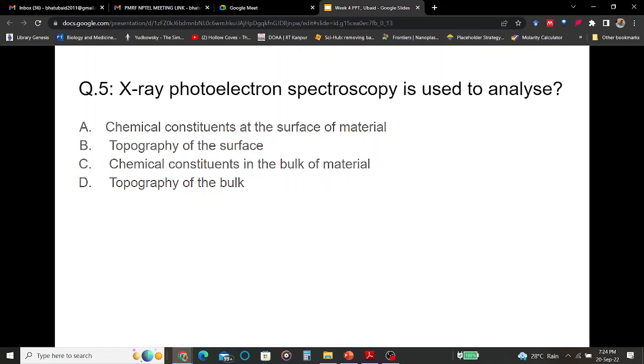So what is the answer of this question? The answer is A, chemical constituents of the surface of material. In the next slide I will explain this.